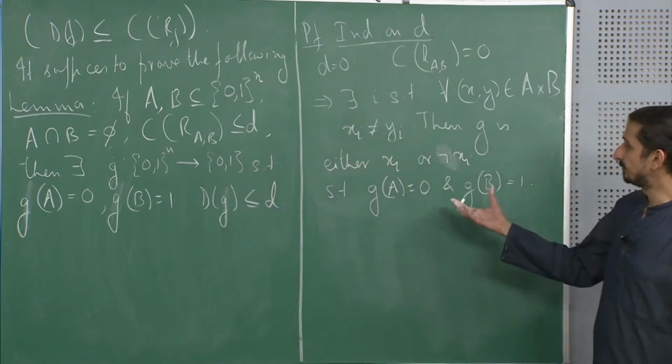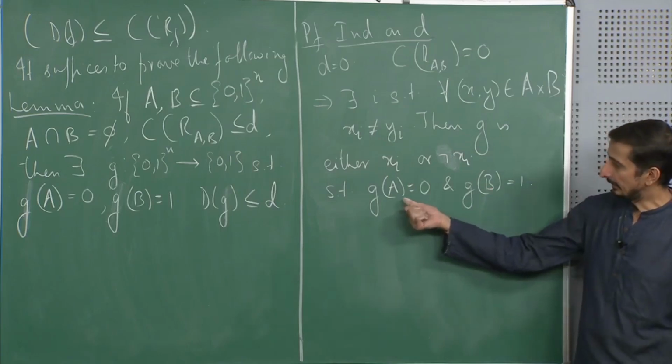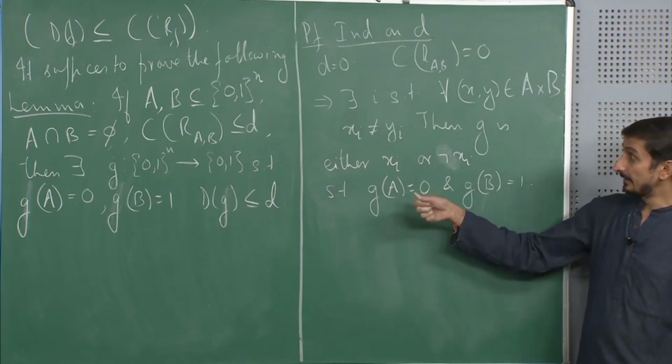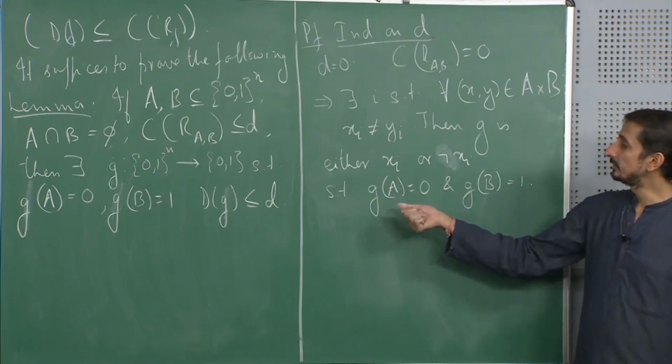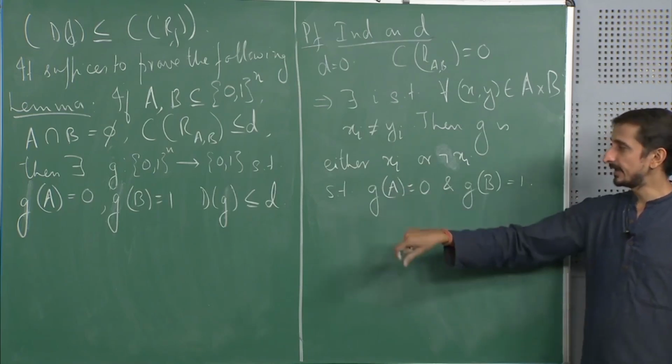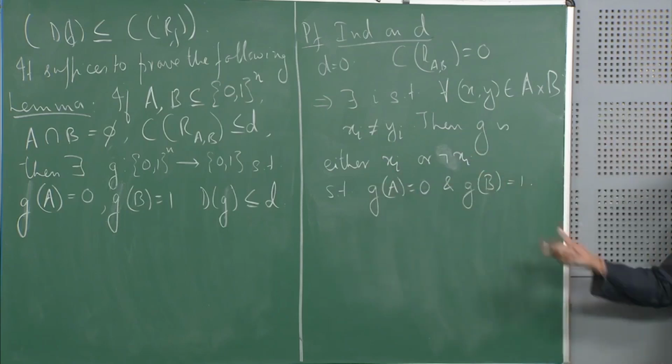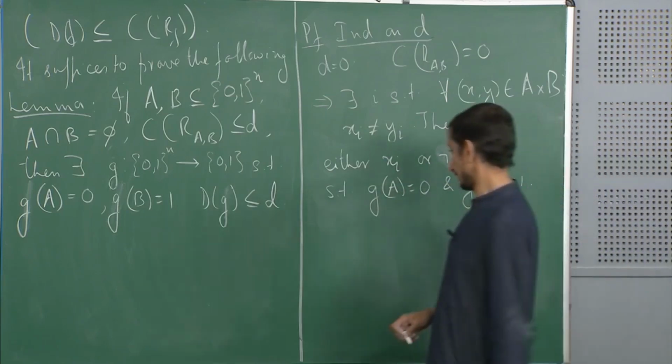Whatever it is, if the elements in A have it as Xi, then it will be Xi, and if the elements in A have it as a not of Xi, then it will be not of Xi.